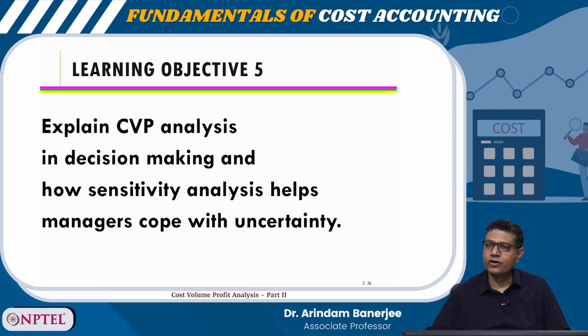This is very important because ultimately, why are we doing this exercise? The main motivation behind doing this exercise is that it should help managers in decision making, right. So we will see how it can help.